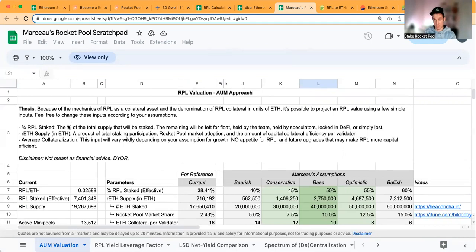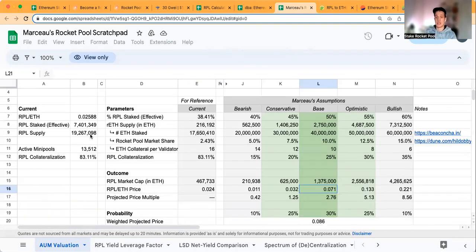So he's hoping for feedback from the community, and so are we, but I think he did a really good job of saying, here are his assumptions on where we could be based on how much RPL is staked, and then the market share, more importantly, of Rocket Pool comparative to other liquid staking derivative tokens, liquid staking tokens, and projects that are helping Ethereum be staked, but also then using it as collateral in DeFi.